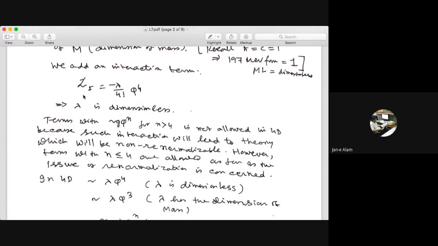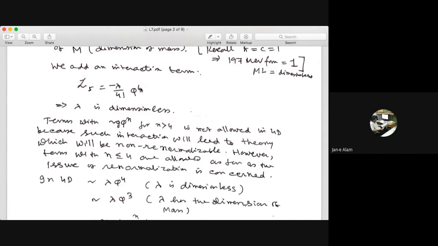Otherwise my S is not dimensionless. Now if I write here phi to the 4, then as I argued, phi has mass dimension 1, and the coupling will be dimensionless. Fine.